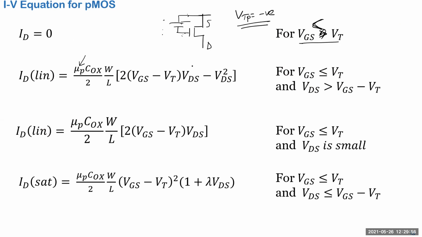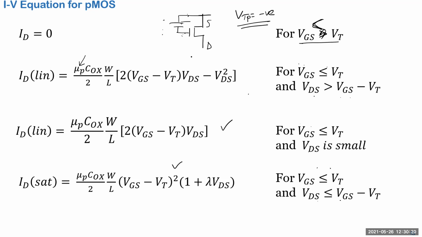Essentially all the signs change. So VGS should be less than VT, and VDS should be greater than VGS minus VT for linear mode. And VGS should be less than VT and VDS small, you go back to that linear equation. And for the saturation region, VDS is less than VGS minus VT, and VGS is less than VT, to give you this equation.